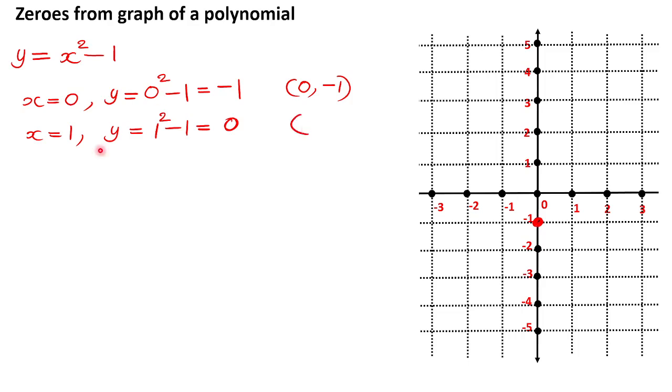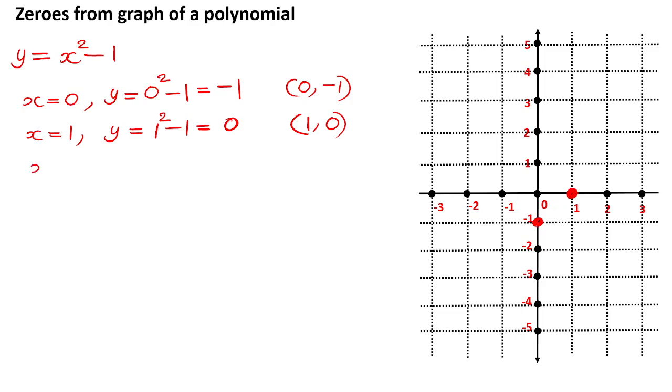Meaning that when x equal to 1, y equal to 0. 1 comma 0, it is here. Is it correct? 1 comma 0 is here. X coordinate 1, y coordinate 0.